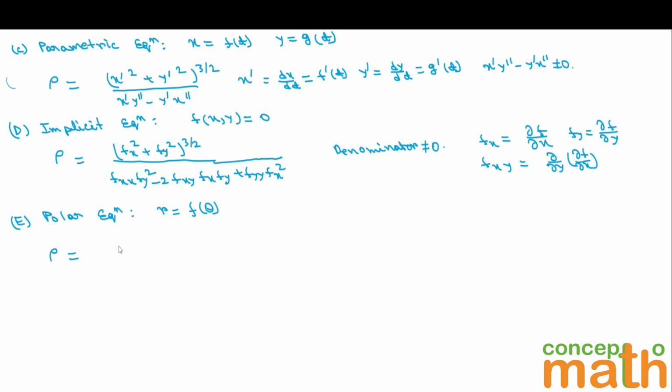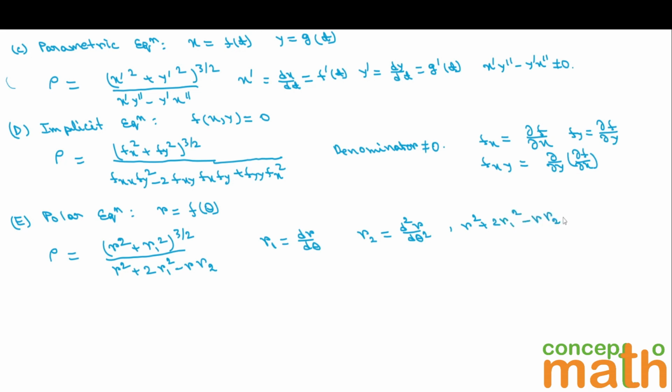In this case, the expression will be (r square plus r1 square) whole to the power 3 by 2 divided by r square plus 2 r1 square minus r2, where r1 is nothing but dr d theta and r2 is nothing but d2r d theta square, and here also the denominator r square plus 2 r1 square minus r2 does not vanish. This will be our assumption.